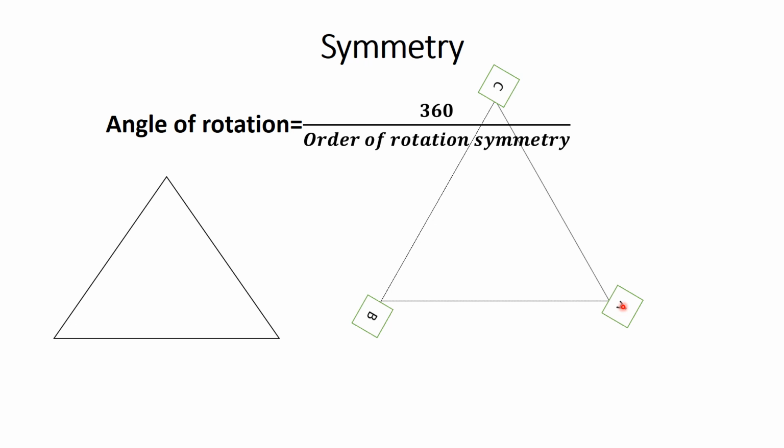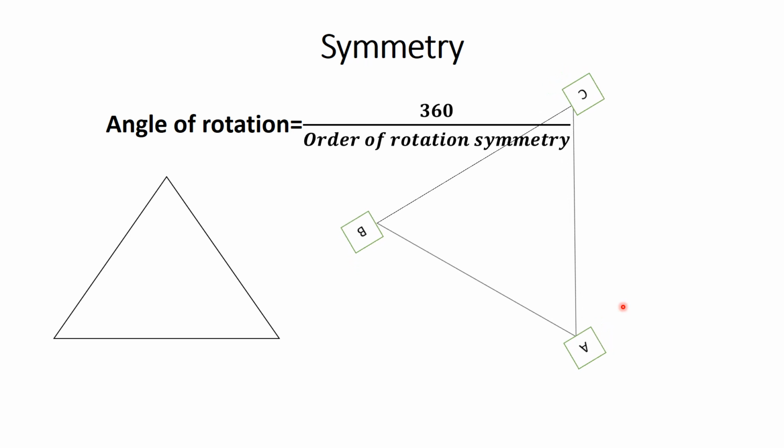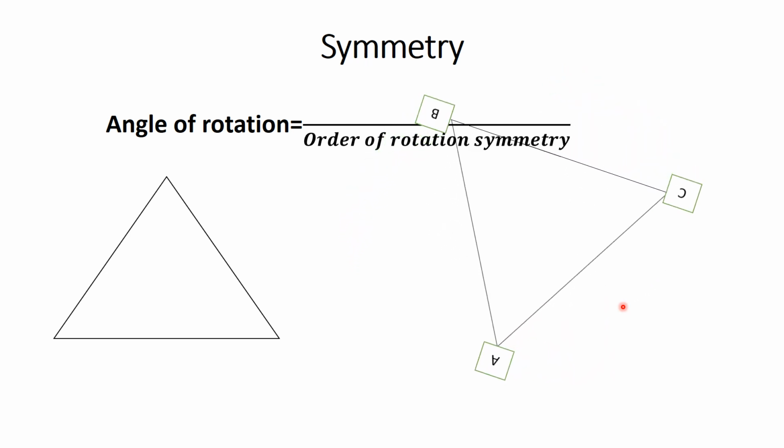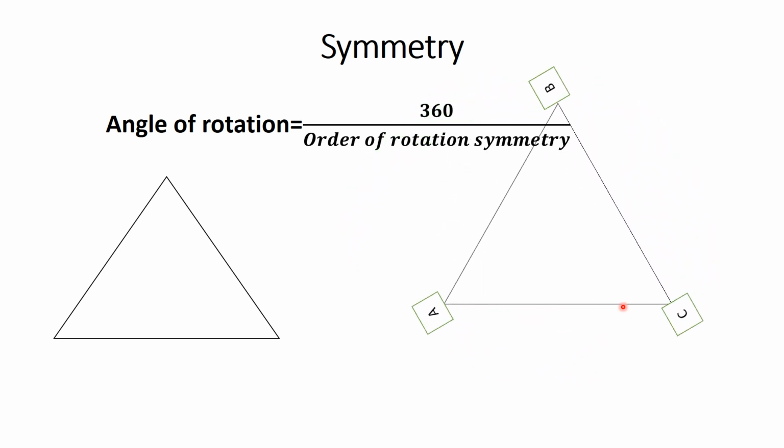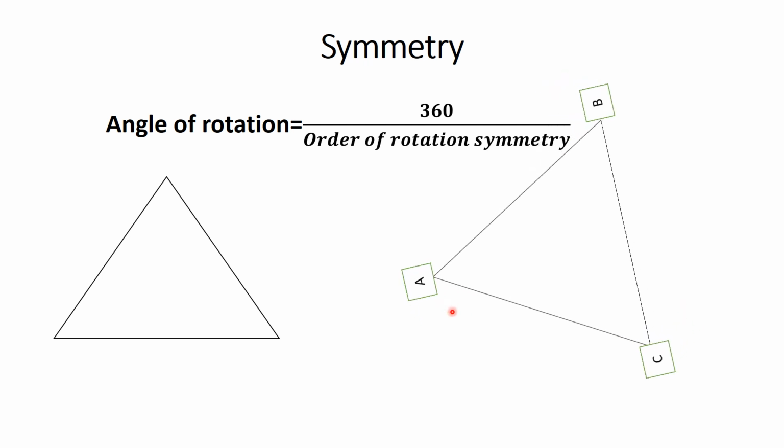Okay, so keep on rotating. Okay, so here it looks exact as it was again before. Okay, so as you can see, A initially was here. In the first count it was here, in the second count it is here. So we count this as 2. So we continue.